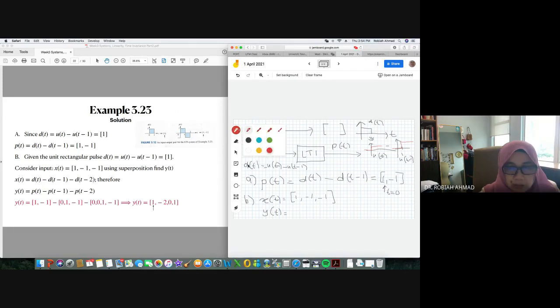Okay. So if we have equation DT yang ini, so our output PT is this one.